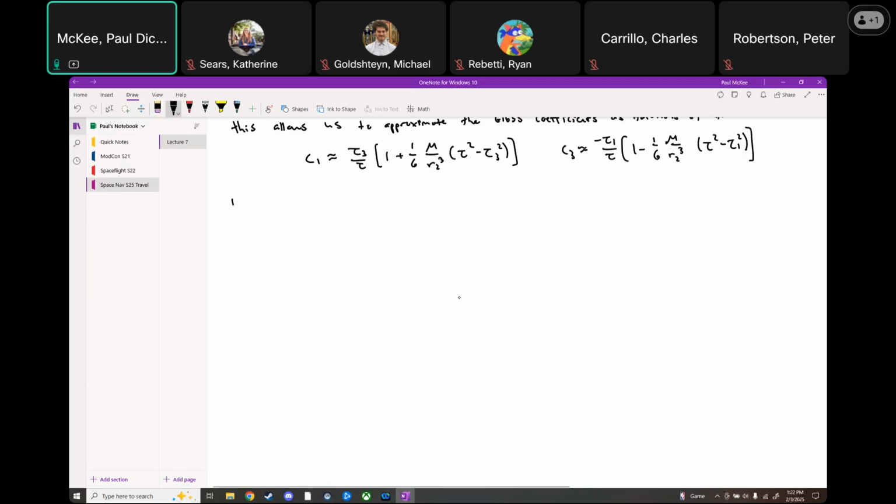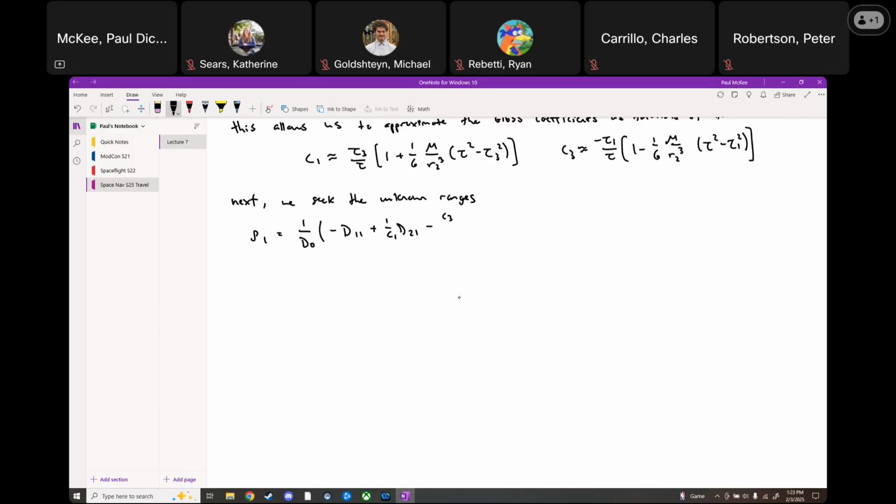So next, we seek the unknown ranges. So we'll get rho 1 is 1 over d naught, I'll explain what that is, and then in parentheses, negative d11 plus 1 over c1 d21 minus c3 over c1 d31.